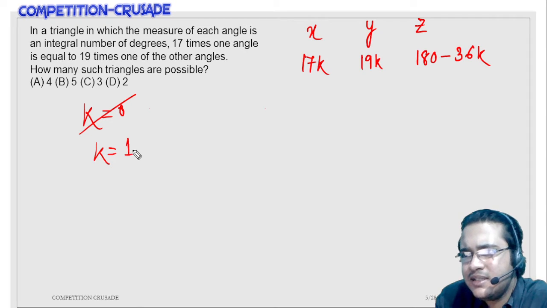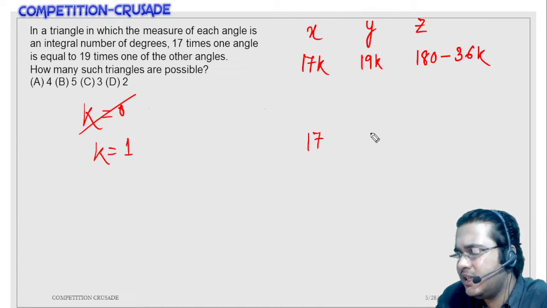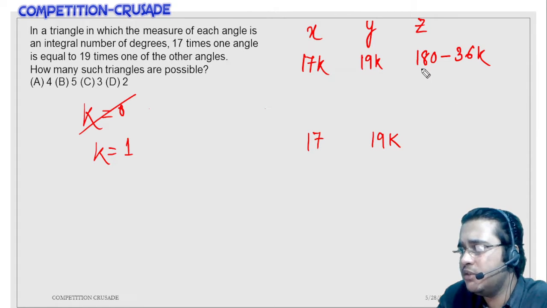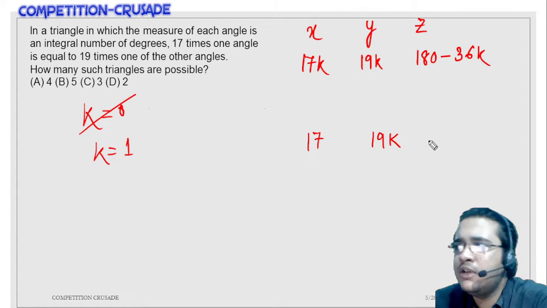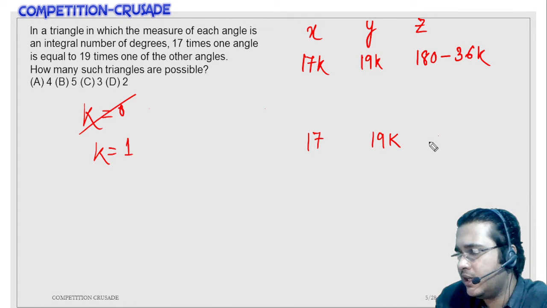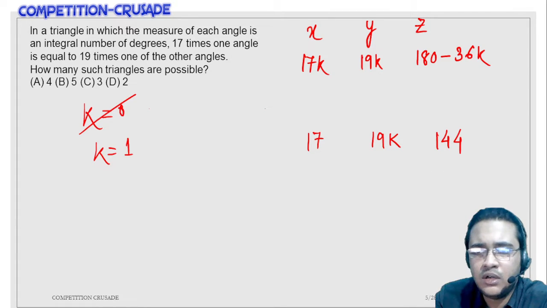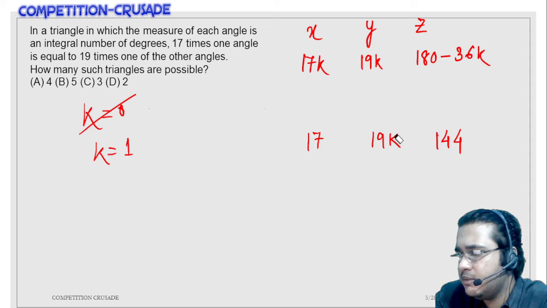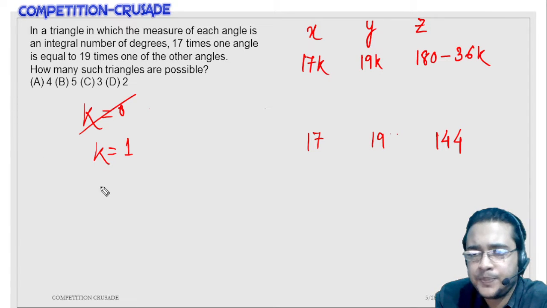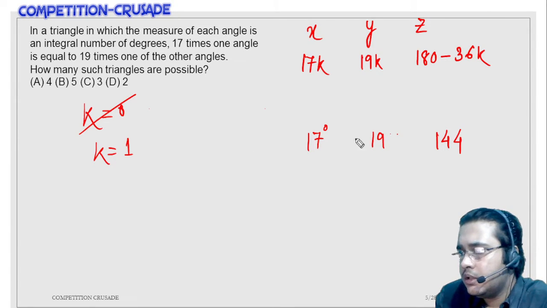Can I put k is equal to 1? Let us see. If I put k is equal to 1, this will be 17, the other angle will be 19, and this is going to be 180 minus 36. So 180 minus 30 is 150, 150 minus 6 is 144, right? So this is 144, and this is actually not 19k, but 19 degree. Now 17 degree, 19 degree, and 144 degree.